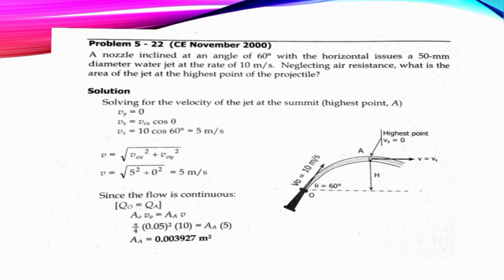So the answer is A sub A equals to 0.003927 square meters, and this is the area of the water jet in its highest point.